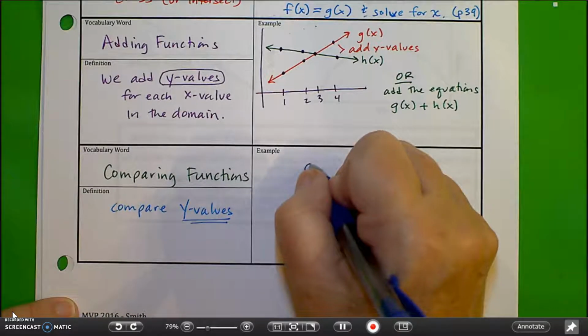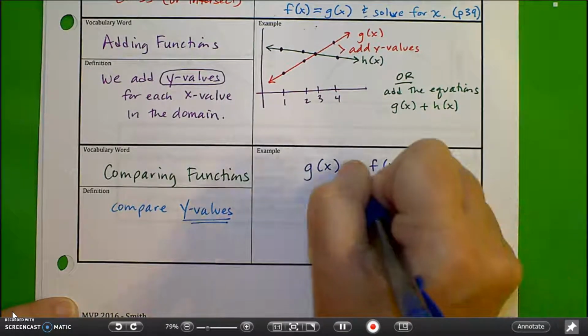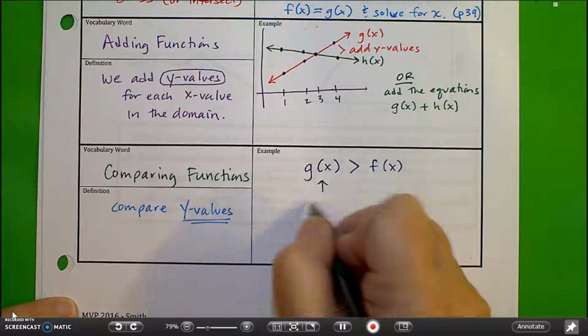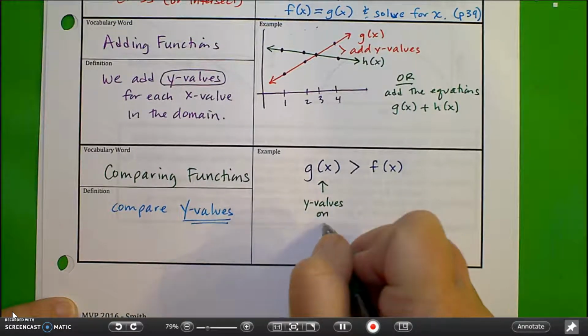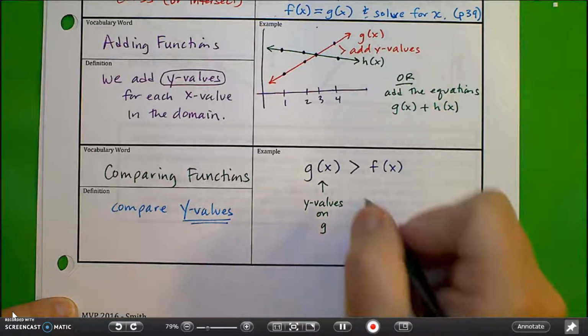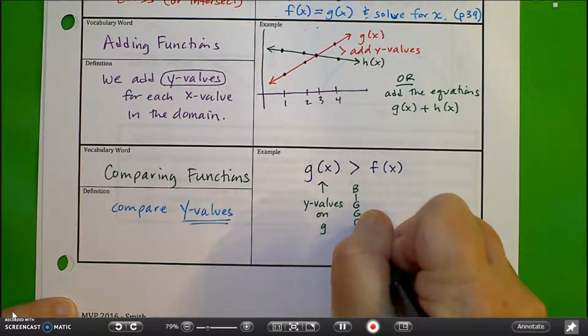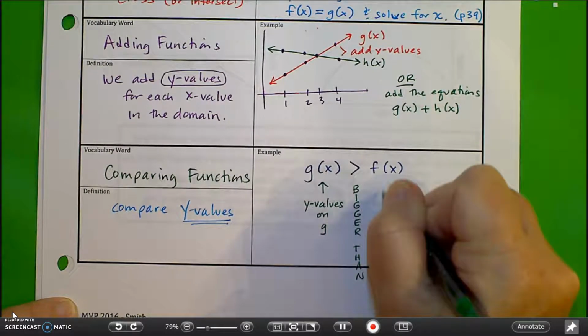So, for example, let's say we have two functions, g of x and f of x, and we want to see where g of x is greater than f of x. So what we're going to look at is the y values on g, and we want to see when they are bigger than the y values on f.